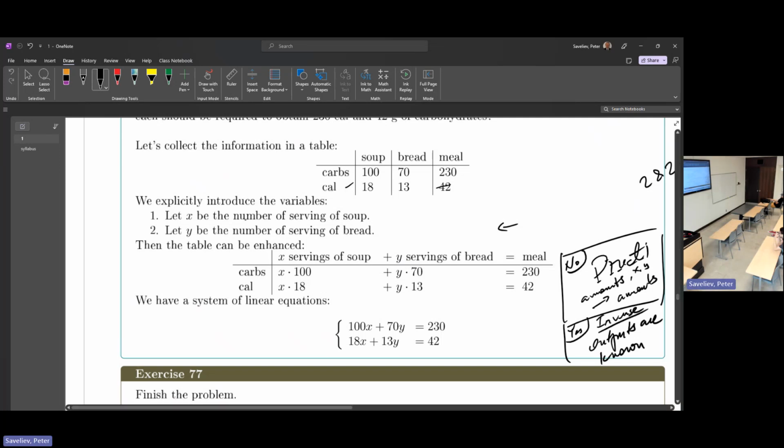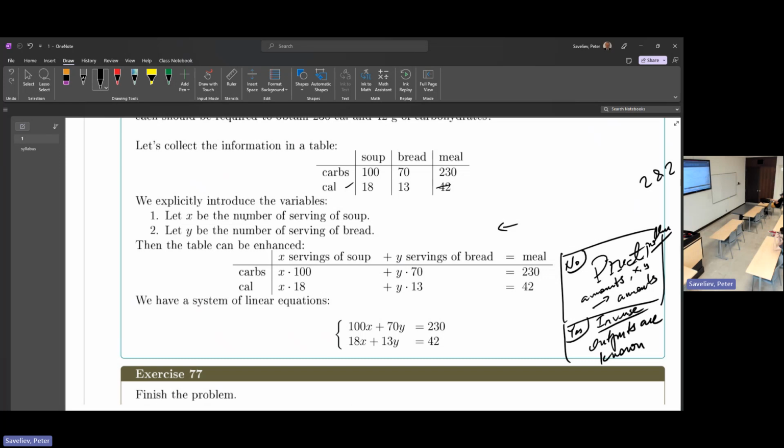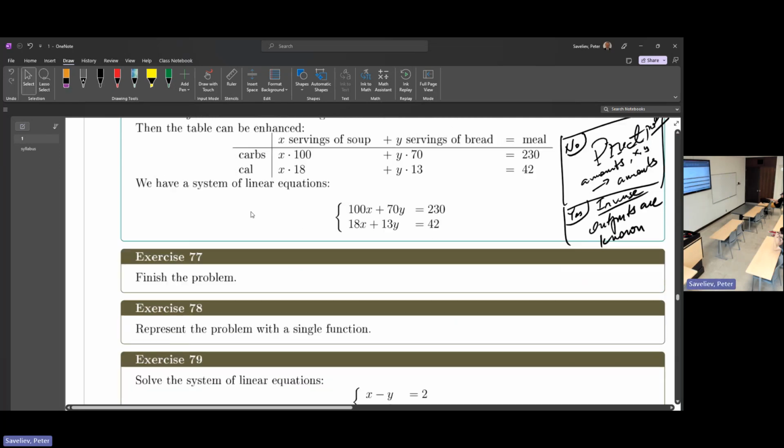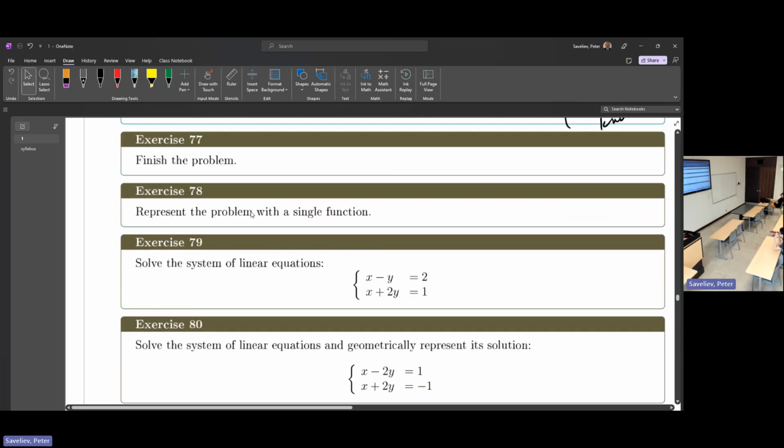So the direct problem, which is easy, plug in and compute. That's it. Or the inverse, it's hard. Just like with plugging in values, computing is easy. Solving equations is hard. Okay, so all right, single function.